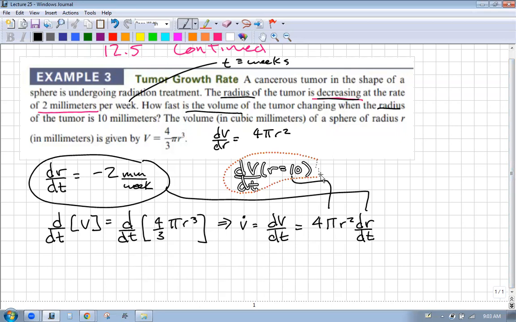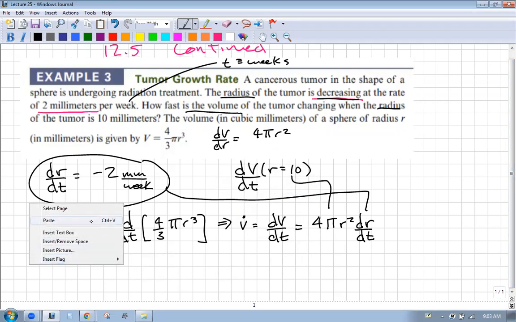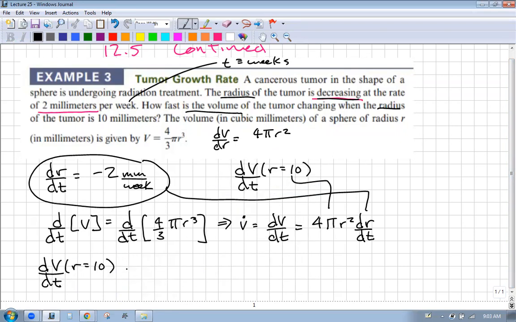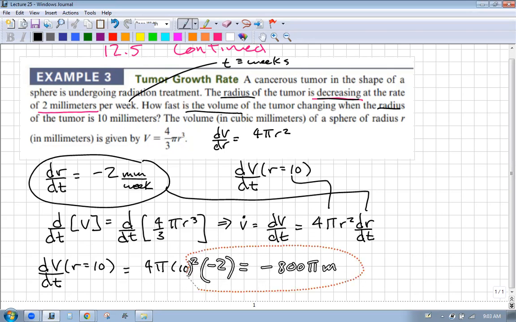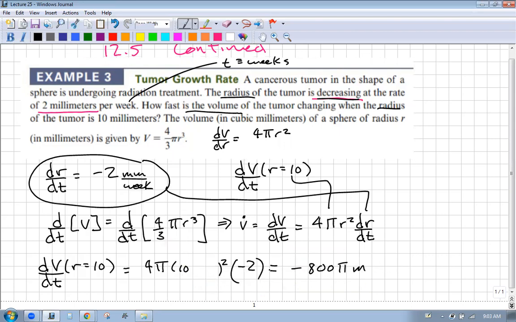So the rate of change with respect to time when r is equal to 10 would be 4 pi 10 squared times -2. This is what, 100. This is -800 pi. What are our units here? Millimeters. I should have written my units in here. I wrote the units.